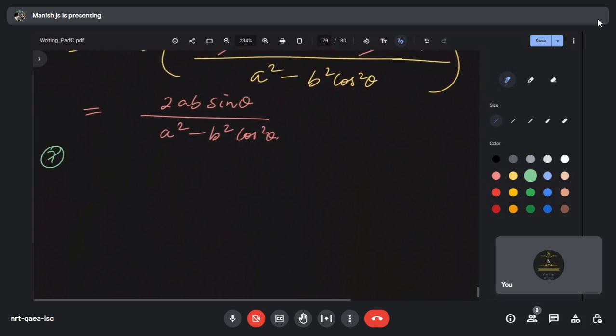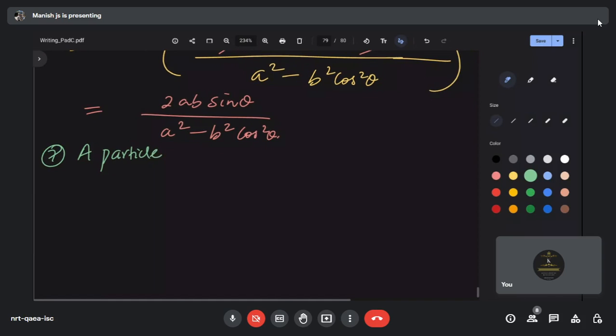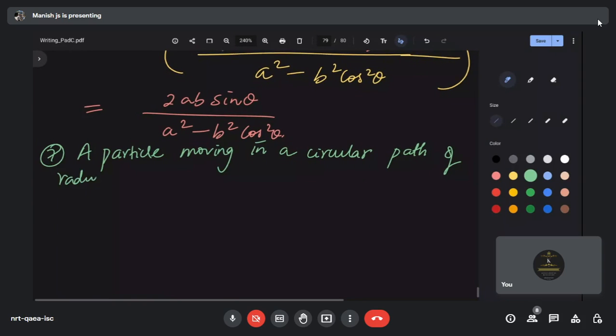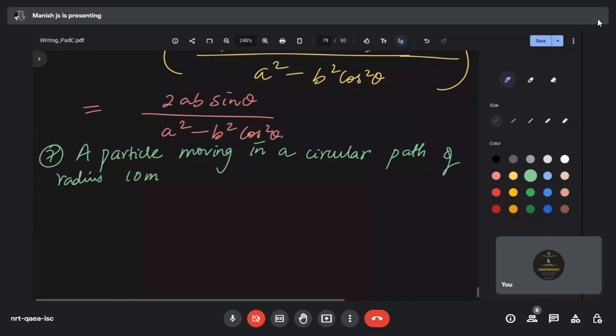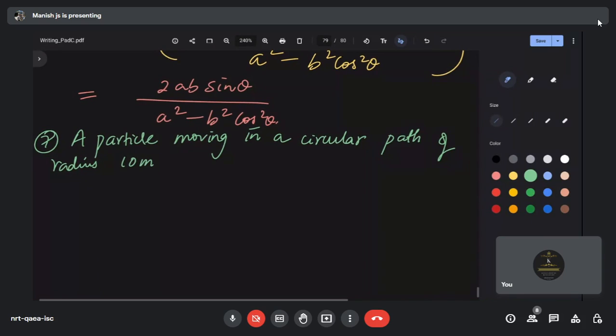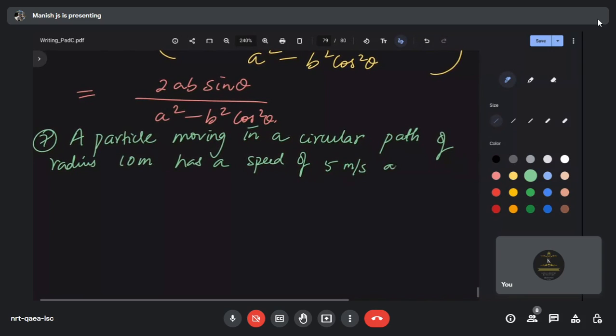Next question here. A particle moving in a circular path of radius 10 meters has a speed of 5 meters per second at any instant of time.